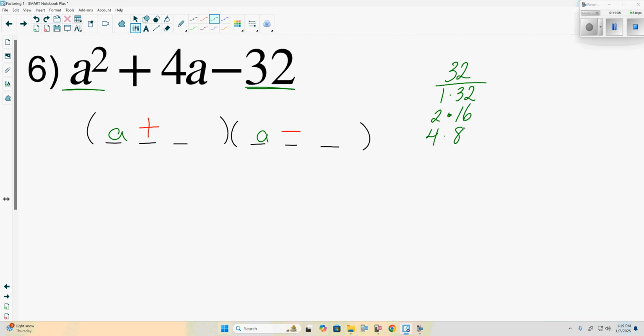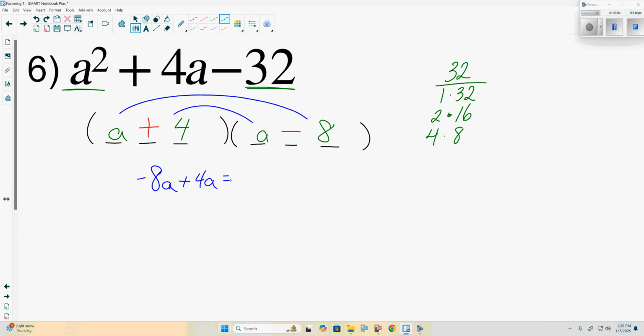Now, looking at these three here, which one do we want to try first? 4 and 8. And now we check. A times negative 8 is negative 8a. 4 times a is positive 4a.